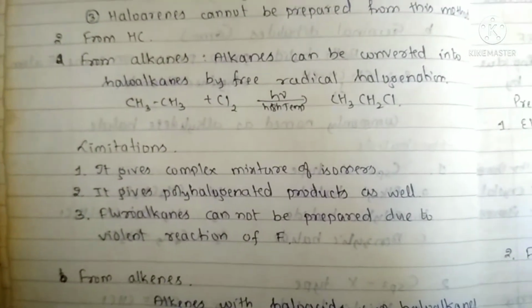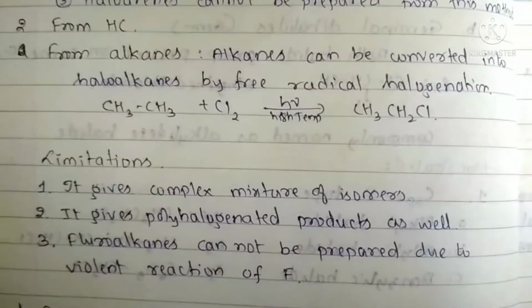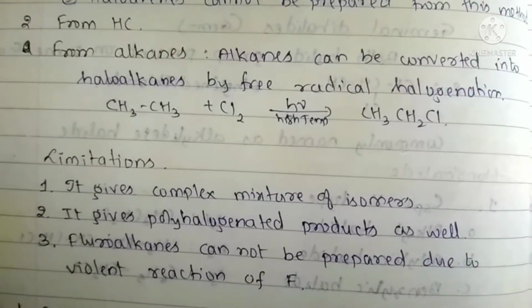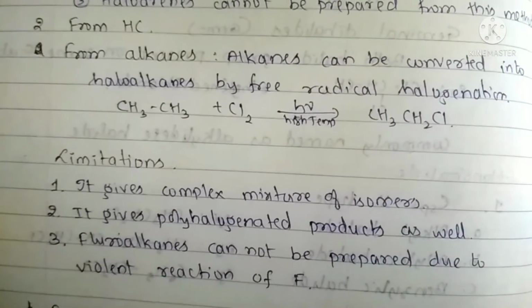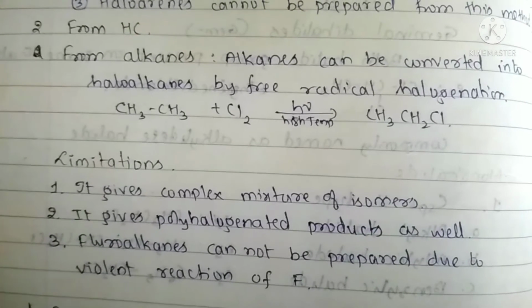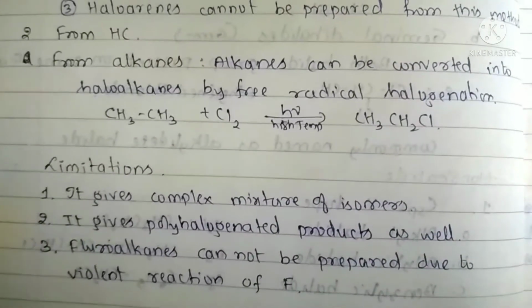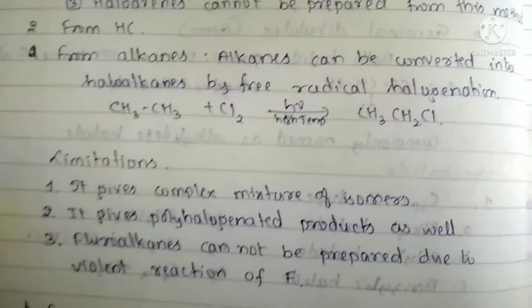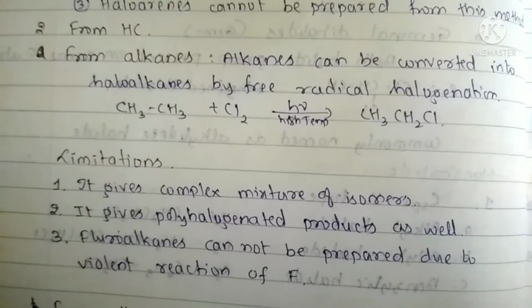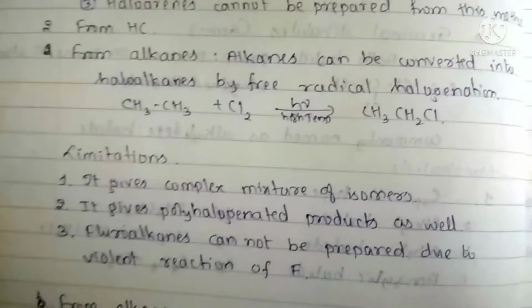Here you see, from alkanes we synthesize haloalkane by using halogen molecule directly reacting with ethane, converting into chloroethane in presence of high temperature and energy.